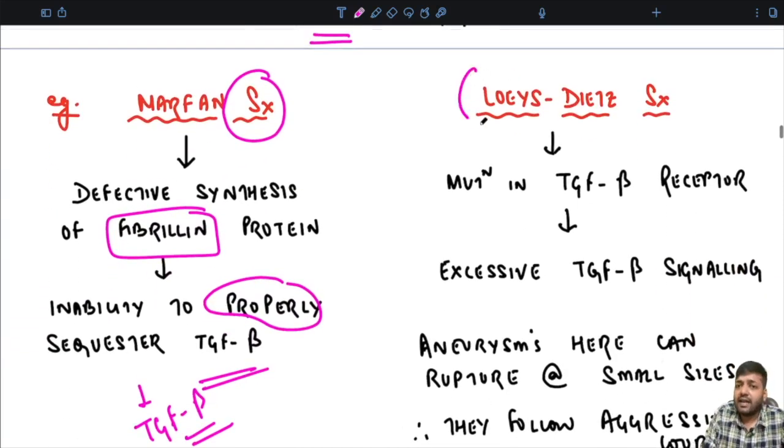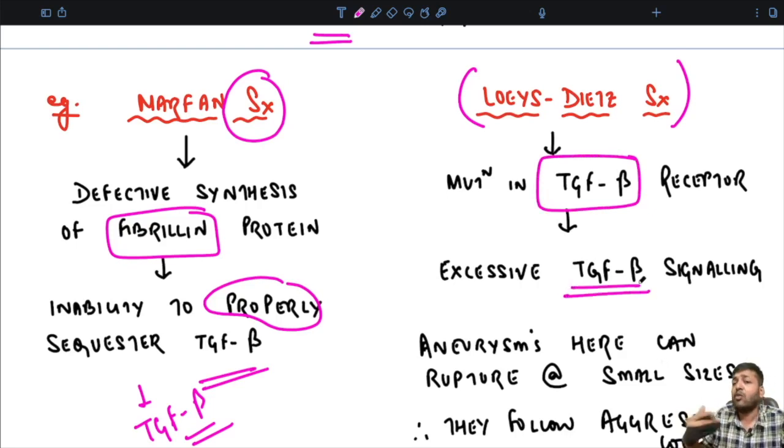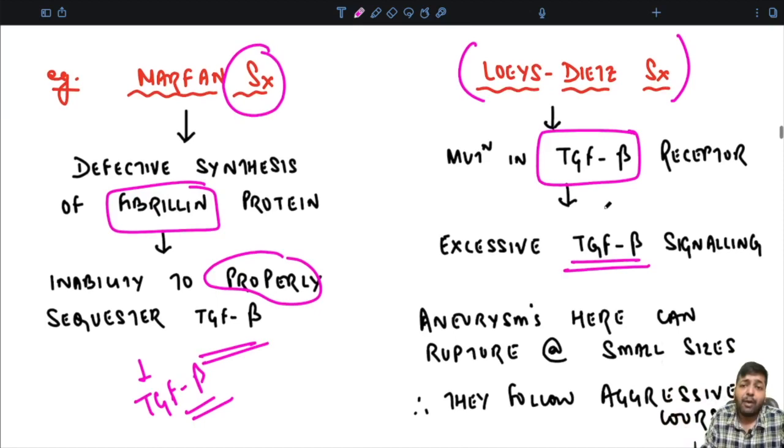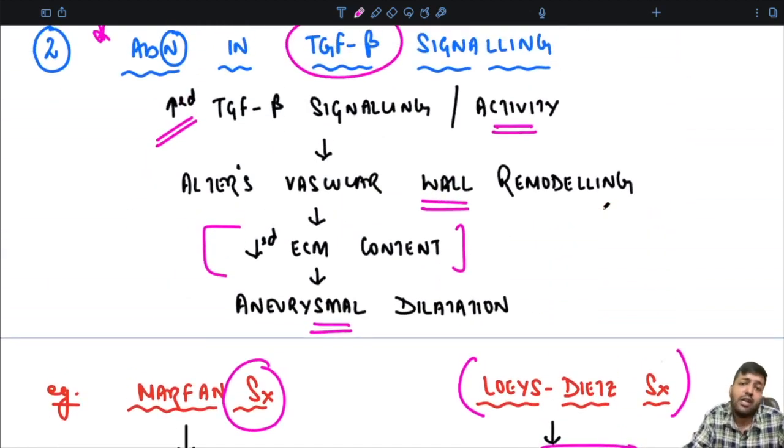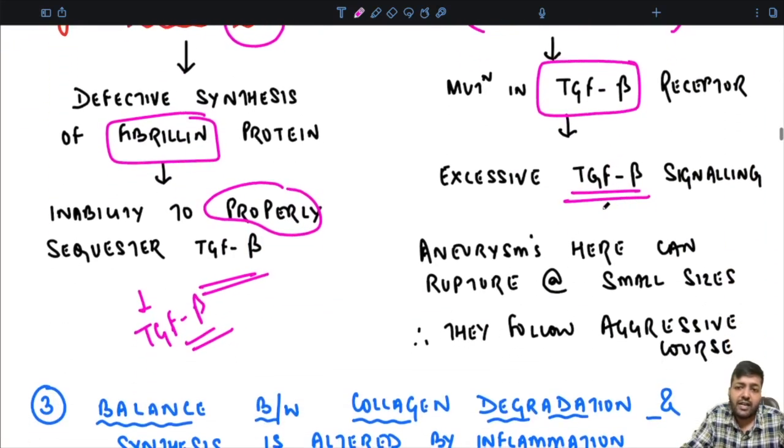Similarly, there is another condition called Loeys-Dietz syndrome. Over here, there is a mutation affecting the TGF-beta receptor. Again, because of this mutation, there is excessive TGF-beta signaling, and because of this there will again be alteration of vascular wall remodeling, leading to a reduced amount of ECM components, and as a result, ultimately aneurysmal dilatation will be there.